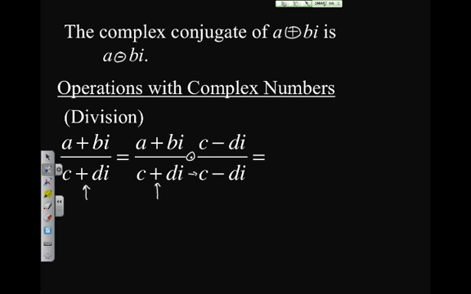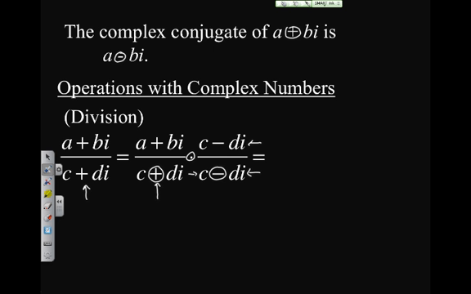So we take the conjugate of the bottom part. So notice what we've done. There, it was c plus di, now it's c minus di. We're going to multiply both the top and the bottom by that value. And really the rest of it is just multiplication using the same method we used before where we FOIL this out.